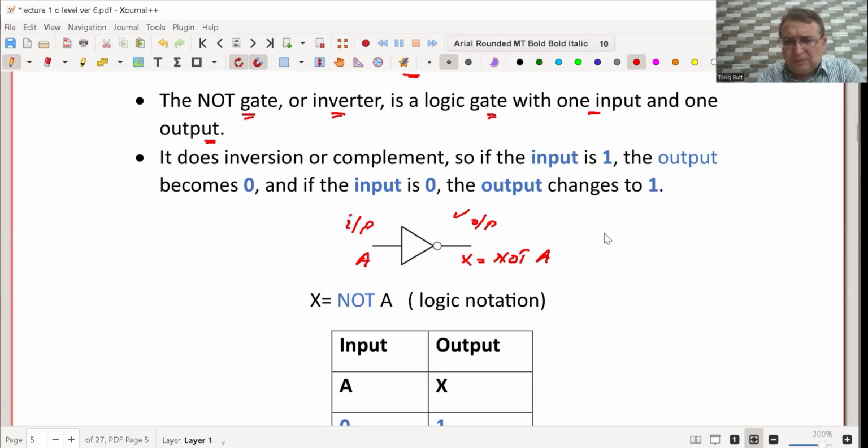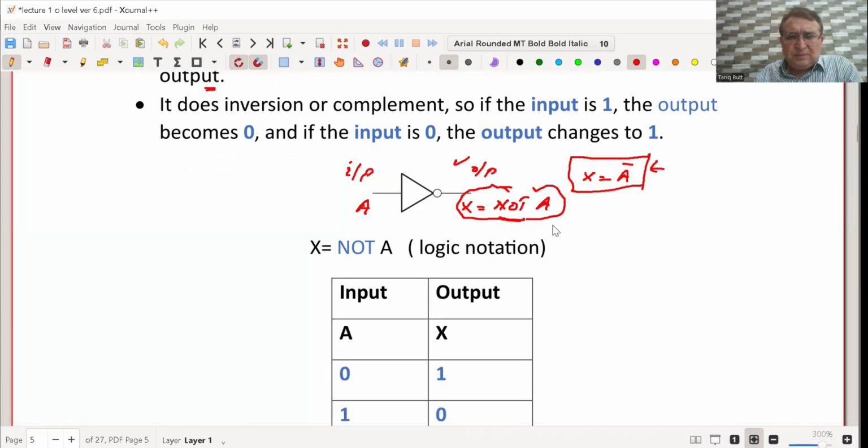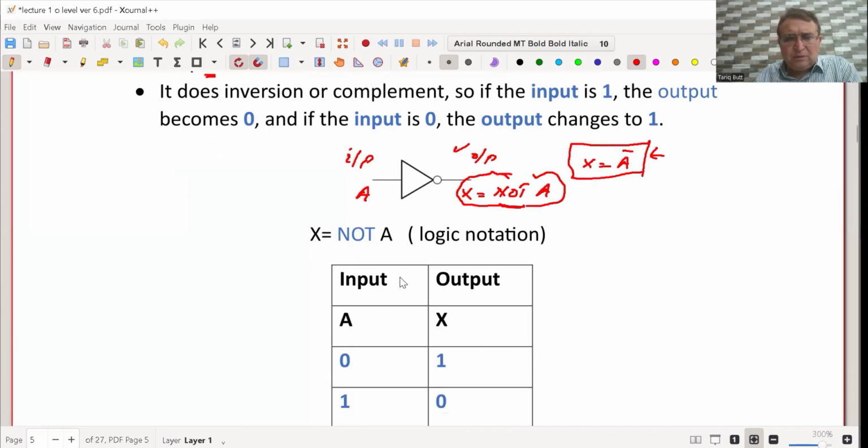Sometimes you may use the Boolean expression for this as well, and that is written down like A prime. This is the Boolean expression for this gate. This is the logic expression for the NOT gate. But in most of the books, the logic expression is used. Fine. So for the truth table, you have to draw all possible input combinations.